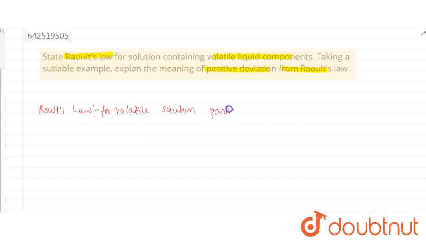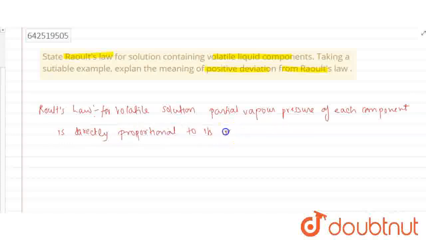partial vapor pressure of each component is directly proportional to its mole fraction.